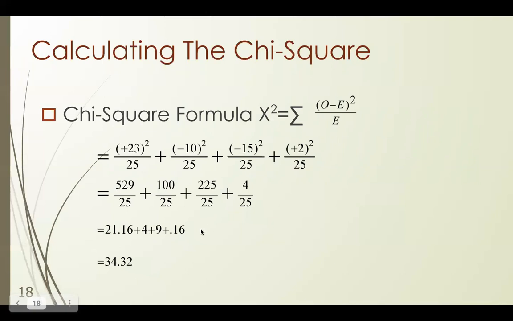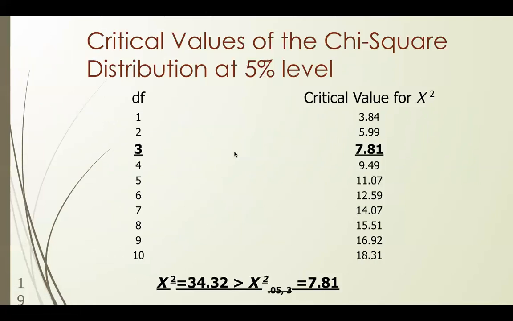Once you have the chi-square value, then you go back to your critical value table, the one that we just showed. In this case, the degree of freedom is the number of categories minus 1. You have 4 categories, so the degree of freedom is 3. And if you go to the table, you will find the critical value is 7.81.